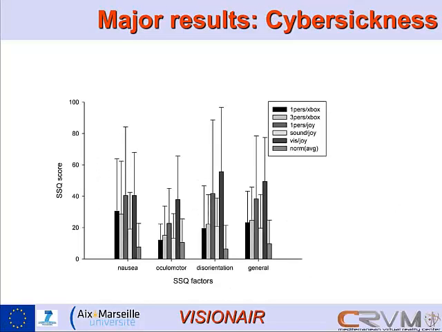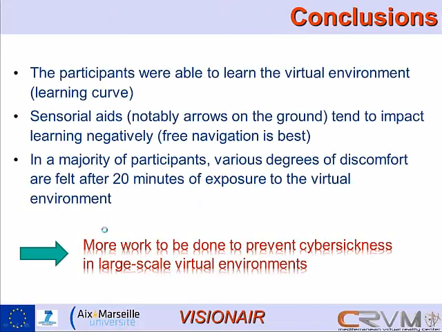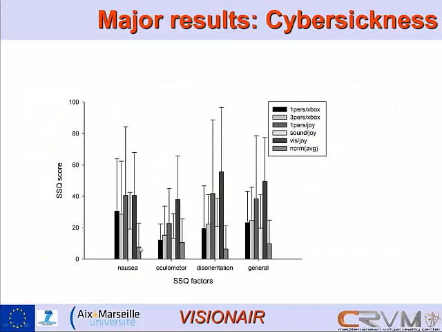Cyber sickness, again, as I told you before, this is the norm. This is a test which has been normed. The norm of cyber sickness in a simulator is about 10 on this score, and you can see that you have 3 dimensions: nausea, oculomotor stress, disorientation.